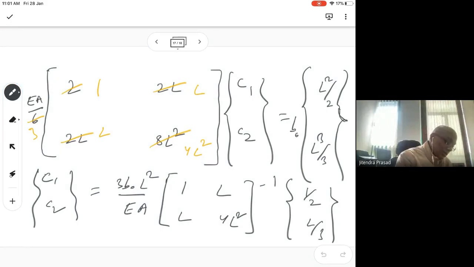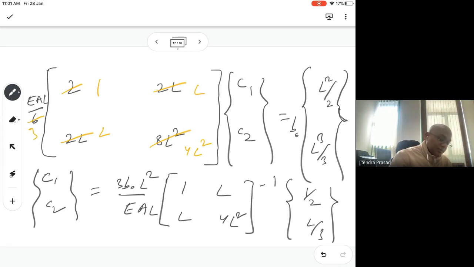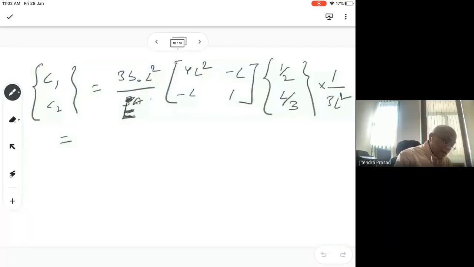So EAL has to be there here, right? Okay, fine. So should we write like this? Yes, sir. It's fine now? Okay, so you can check, guys. So EA over L, it will be like this. You can also check, you can make a mistake, so you can always check.